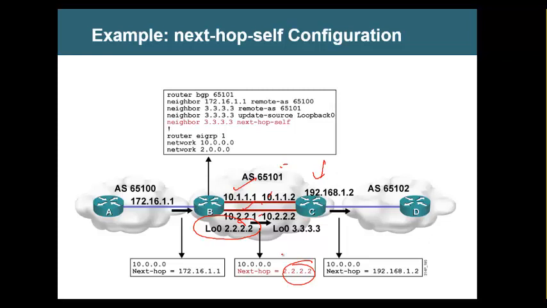See, on B, when I say next-hop-self, it is not sending 10.1.1.1 as the next hop. It sends 2.2.2.2 as the next hop. Why? For router C, B is identified as 2.2.2.2. Likewise, for router B, C is identified as 3.3.3.3.